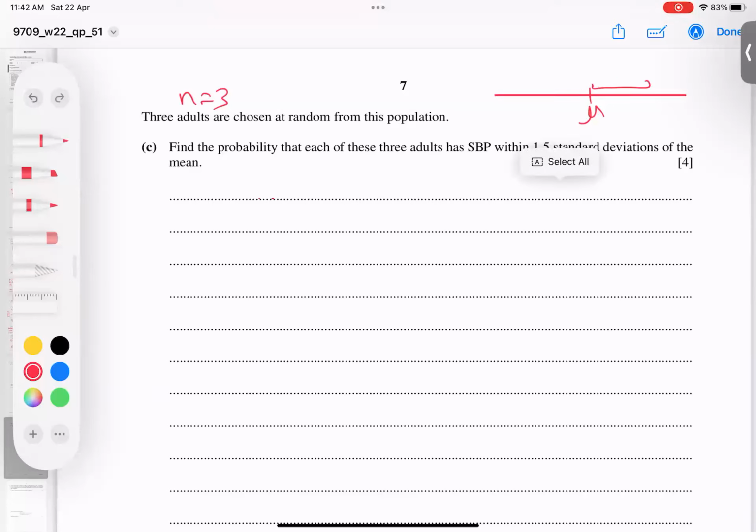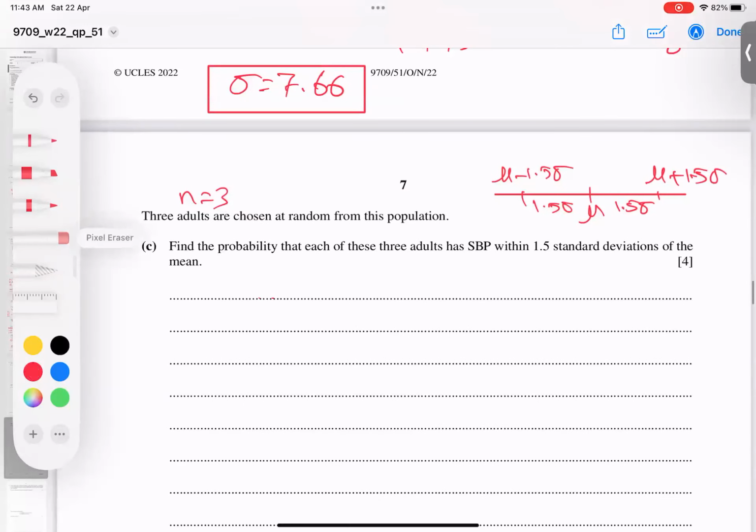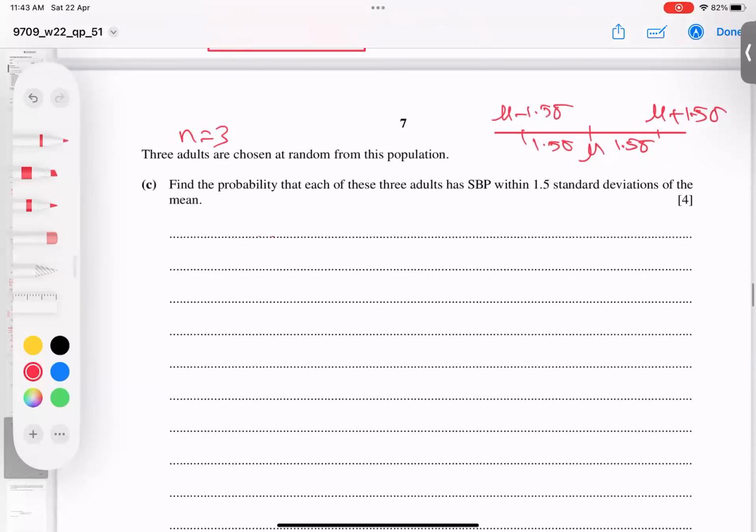But if I say within 1.5 deviations, this is 1.5 deviations and this is also 1.5 deviations. So this is mu plus 1.5 deviations, and this is mu minus 1.5 deviations. I hope the point is very clear.